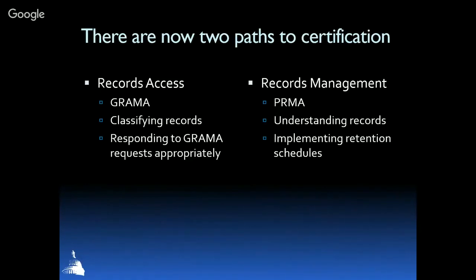Records officers who have only records management responsibilities, and we'll get a little bit more into that, Kendra's going to explain, and are not responsible for responding to GRAMA requests may certify by taking the Records Management Certification test. And third, records officers who have both responsibilities may certify by taking the Records Access Certification test the first time, and thereafter may certify by taking the Records Management and Records Access Certification tests alternately every year. That is a tongue twister.